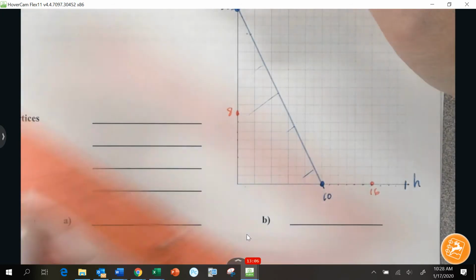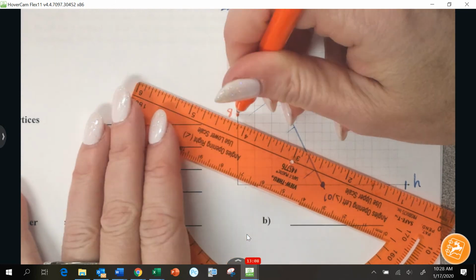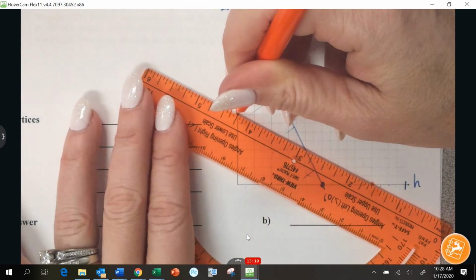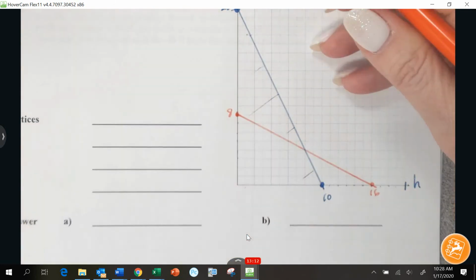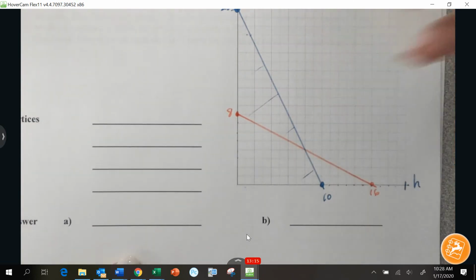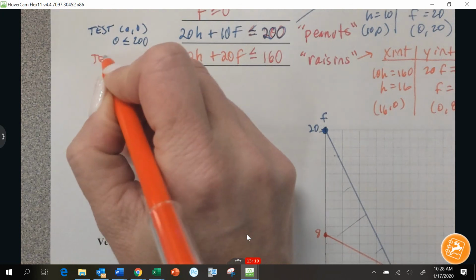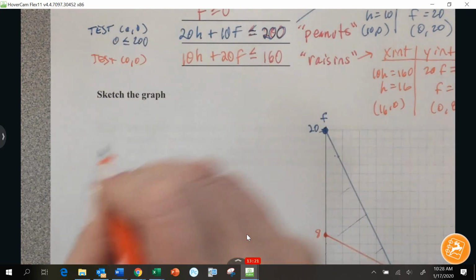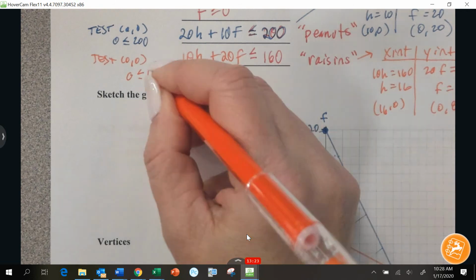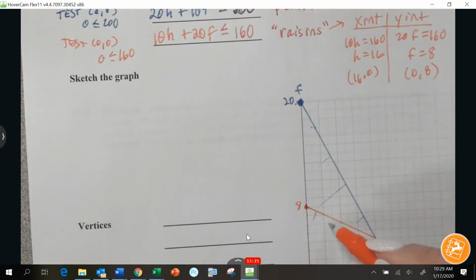So I use my straight edge. I'll check the point 0, 0, and I get 0 less than or equal to 160, which is true, so I will shade this direction.